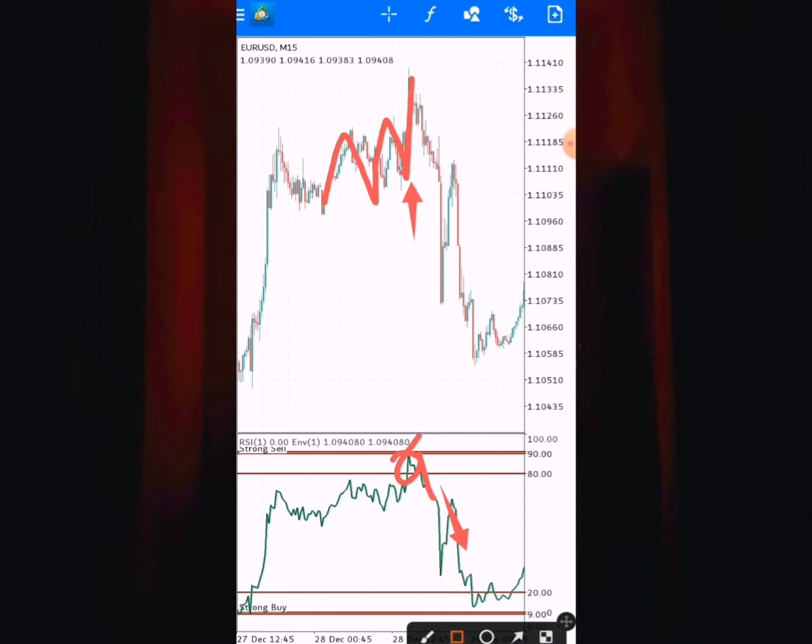So you mark it to the left, extending towards your right, and the moment price closes below this key level that you have marked, you take your sell trade and you hold. The strategy is as easy as that.